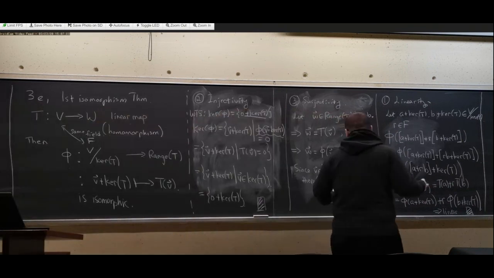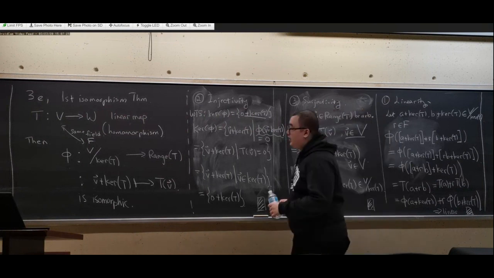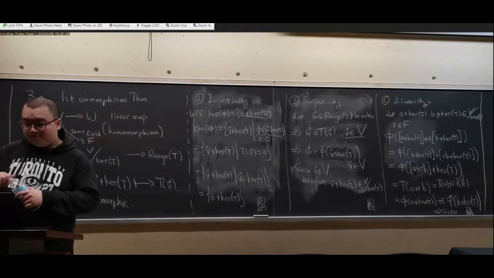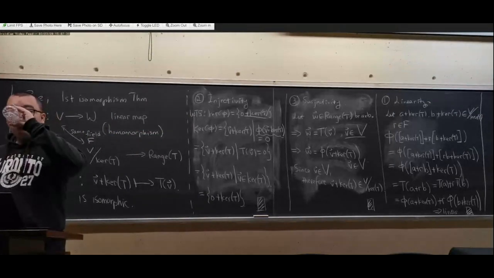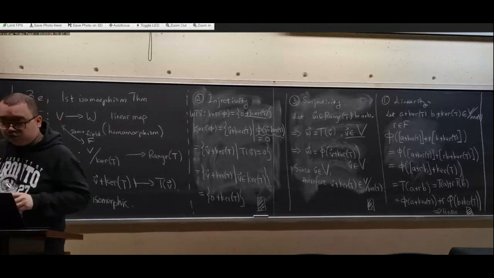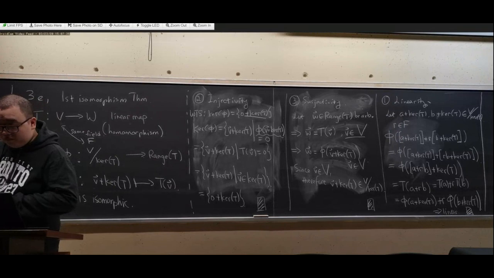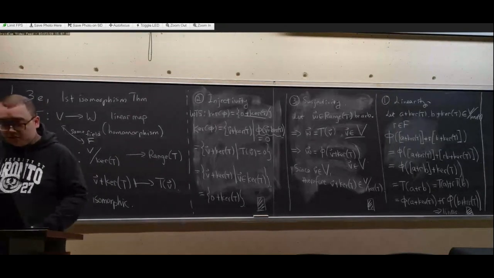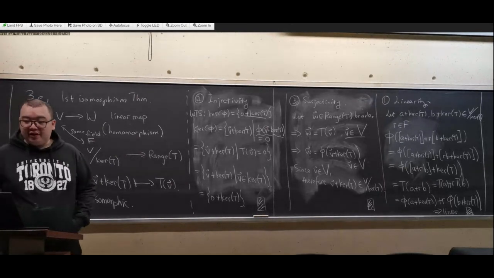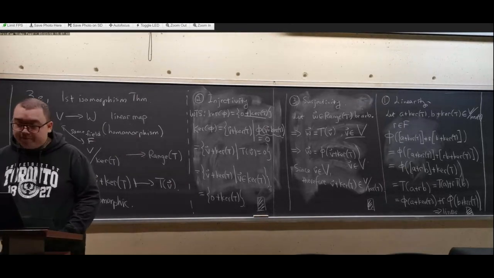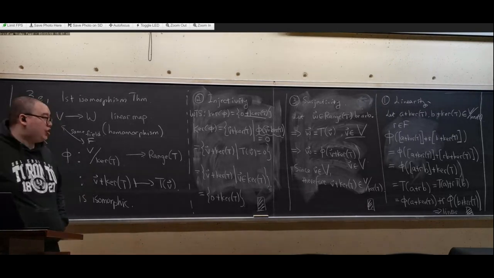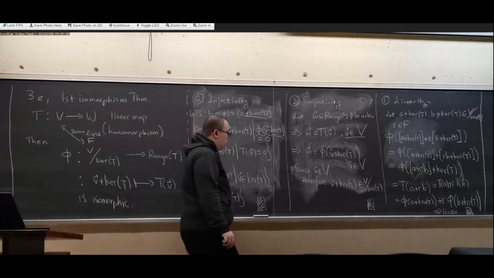Or I mean, if in part 4 we did not prove well-definedness, then in part 4 we should prove well-definedness. No, that small v in big V means v plus kernel of T is in V slash kernel of T. Right?